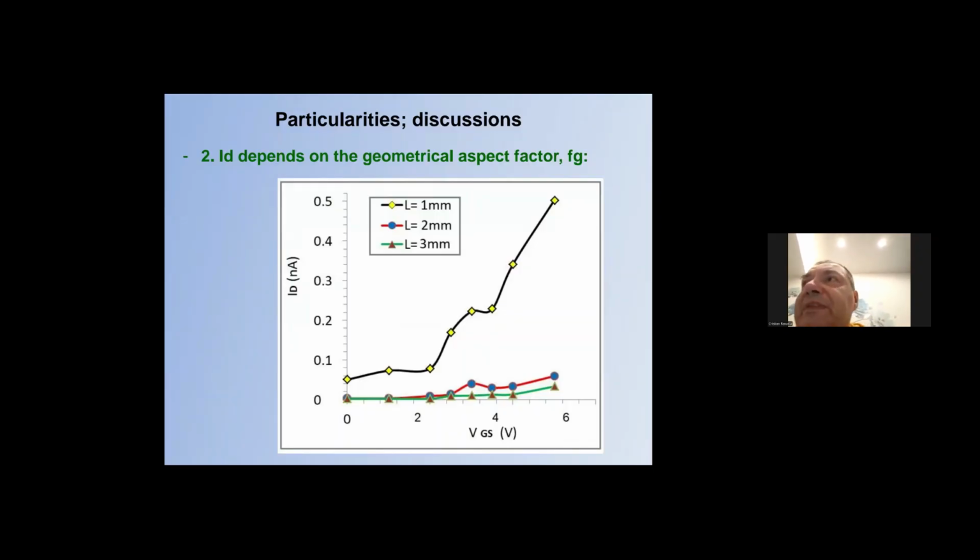So all the geometrical factors are included in this Fg. And for different channel lengths L of our pseudo-MOS transistor, 1 millimeter to 3 millimeters, we obtained, as you see, different characteristics. It is normal to be like this.